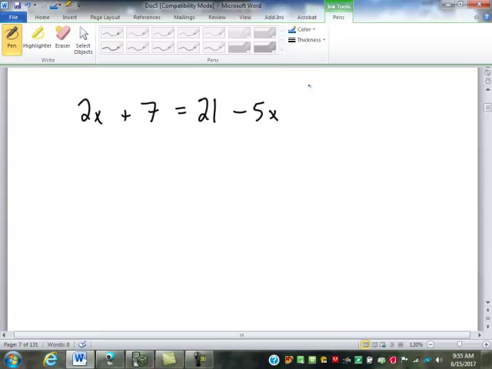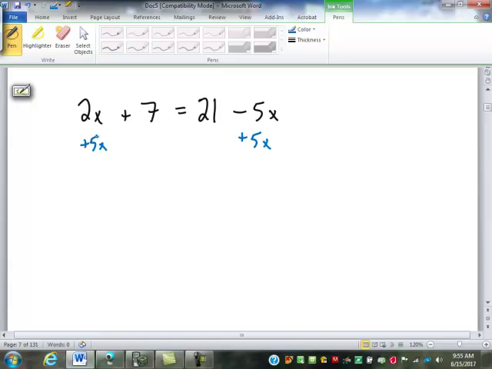Okay, I could subtract the 2x, but remember we said usually it's best to get rid of the smaller one, which is the negative 5x. It is both a minus 5x and a negative 5x, depending on which is easier for you to think of it as. But I'm going to get rid of it by adding 5x.